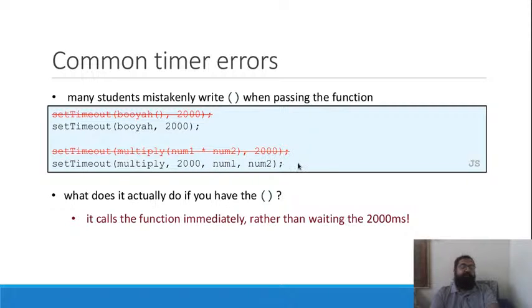So the first parameter to setTimeout or setInterval is a function name, the next parameter is the timeout or interval in milliseconds, and the next parameters are the parameters associated with the function referred to in the first parameter, that is multiply or booyah.